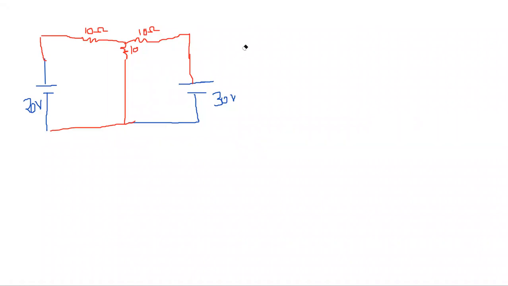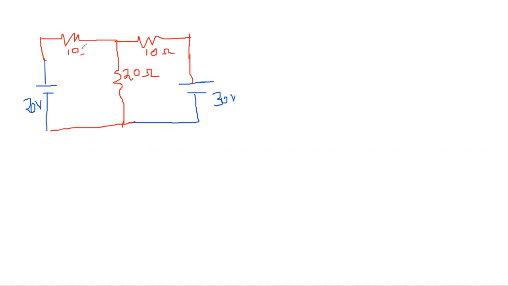Let me redraw it. This has now become 20 ohm, because 10 and 10 ohms were in series. So you get a very simple circuit.